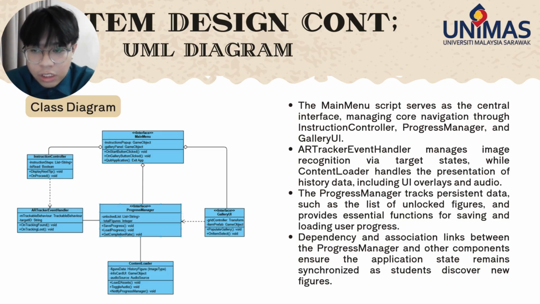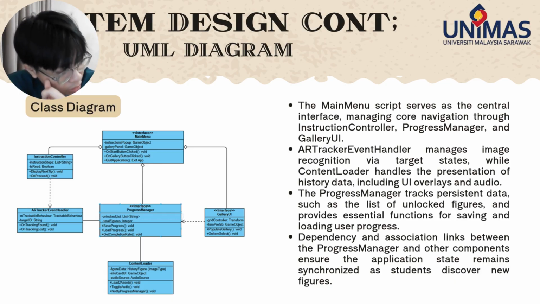The progress manager tracks persistent data, such as the list of unlocked figures, and provides essential functions for saving and loading user progress. Dependency and association links between the progress manager and other components ensure that the application state remains synchronized as students discover new figures. So this is the class diagram data.